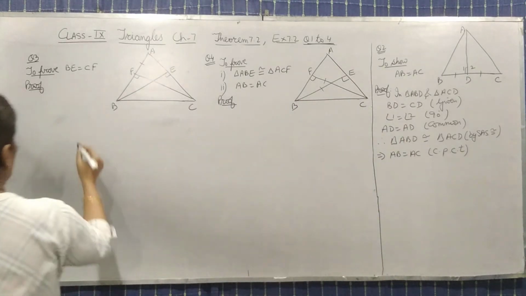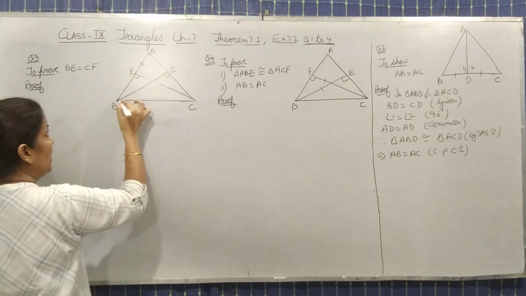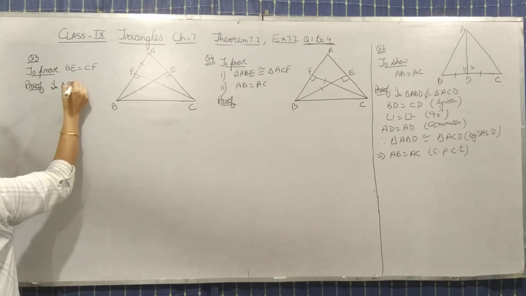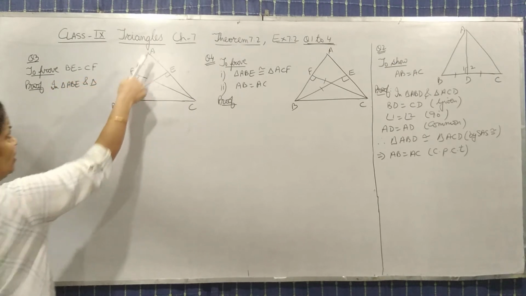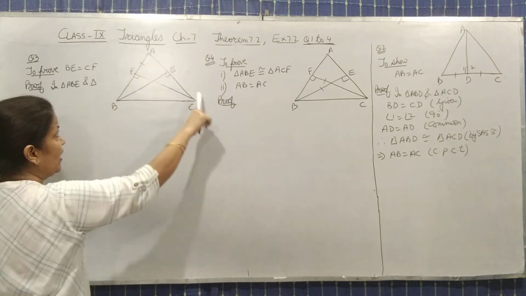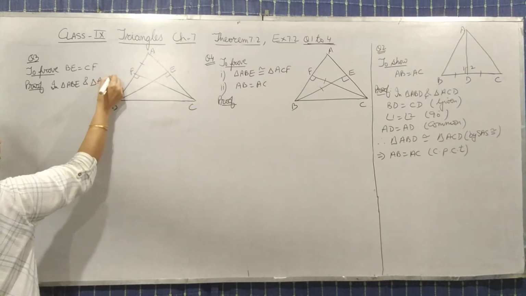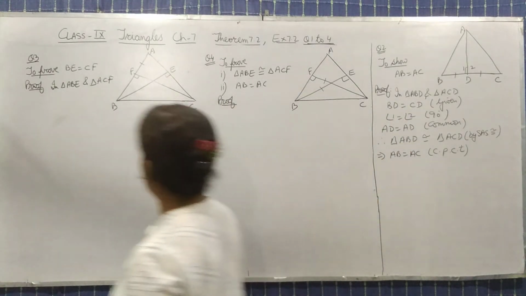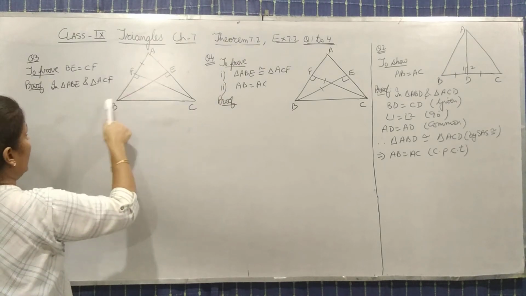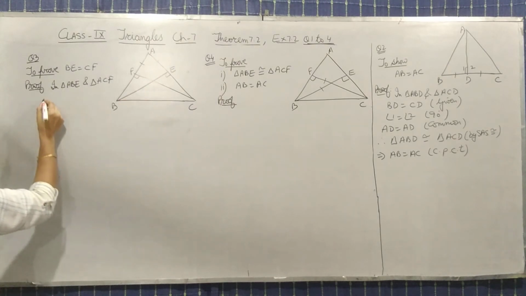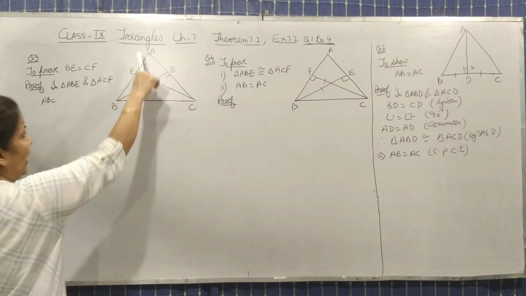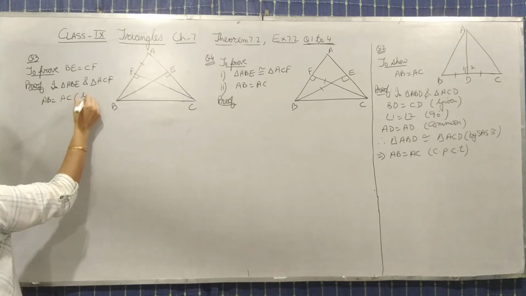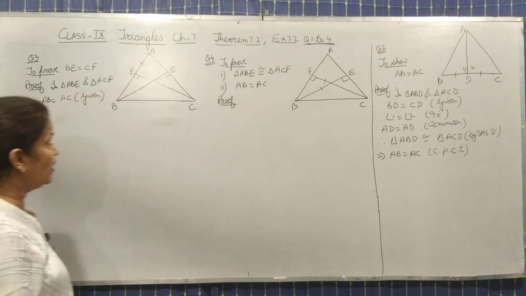So for this we will take triangle ABE, एक ये triangle लेंगे, and one more, triangle ACF. These two triangles we will take it and we will prove it congruent. So let's see. In triangle ABE, AB equal, and in triangle ACF, AC आ रहा है. So both of them are equal.